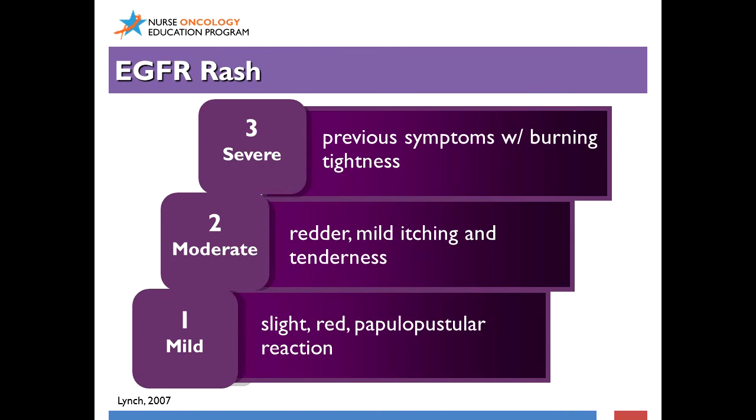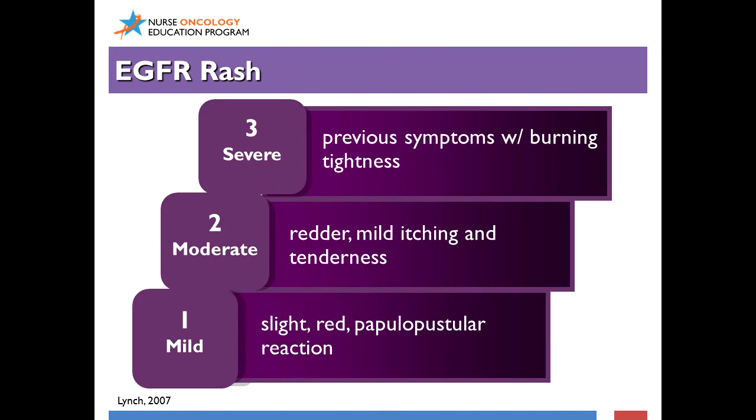Many types of chemotherapy and targeted therapies may cause the EGFR rash, including gefitinib, erlotinib, cetuximab, lapatinib, panitumumab, and some tyrosine kinase inhibitors. Skin rash is a common side effect, and it affects more than 50% of patients receiving epidermal growth factor receptor inhibitors.